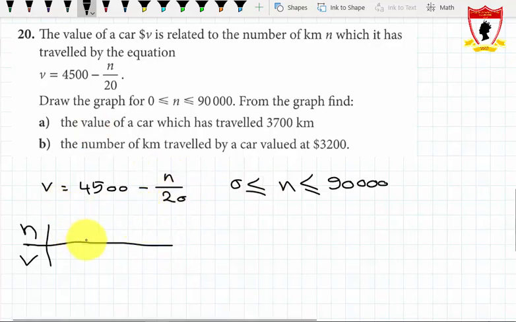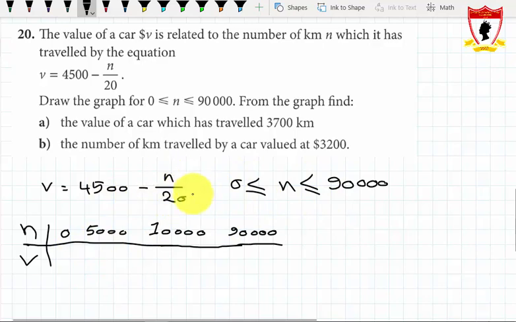Then the first value of n is 0. Then we can pick 5,000, 10,000. Can we pick more? Of course we can. And let's pick 90,000, which is the upper bound of this domain of n.